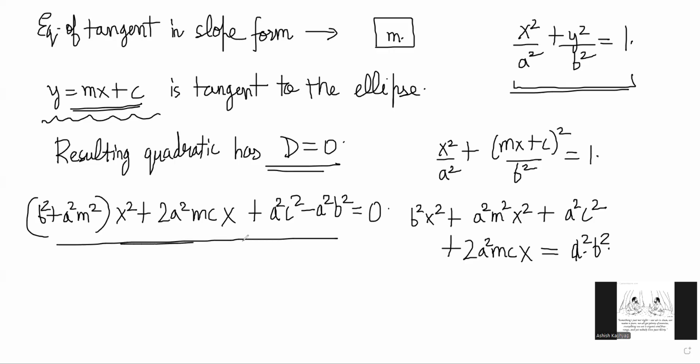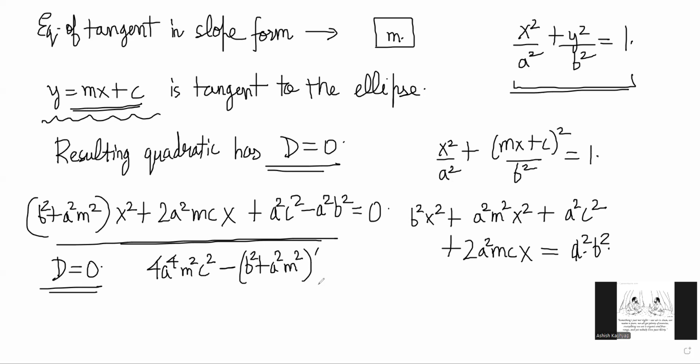And now in this relationship, we have to say discriminant equal to 0. This is a quadratic whose discriminant is 0. And when you calculate the discriminant, it turns out that you will get 4a power 4 m square c square minus (b square plus a square m square) multiplied by (a square c square minus a square b square) is equal to 0.